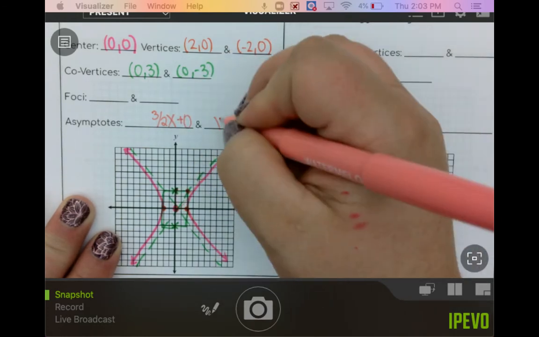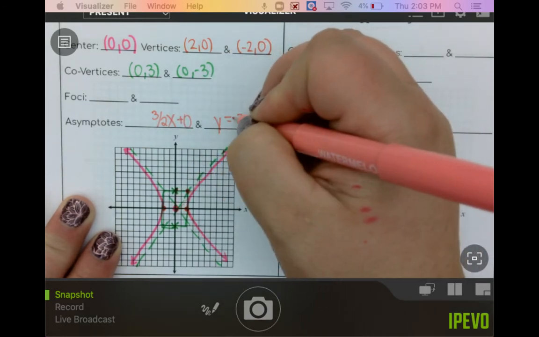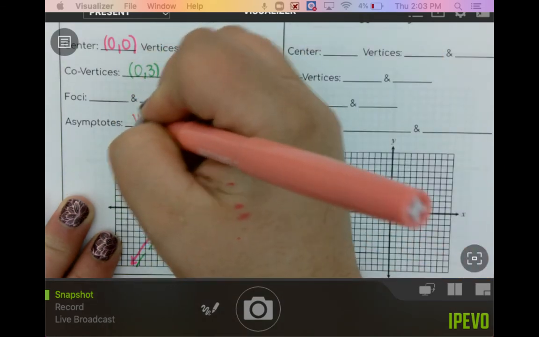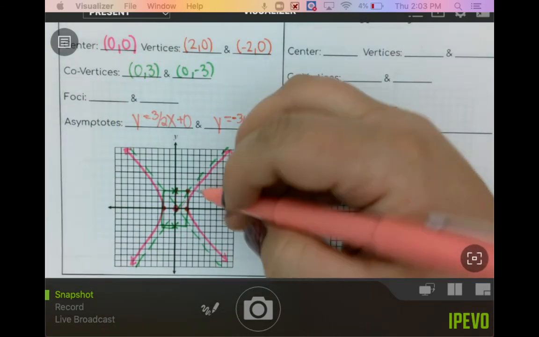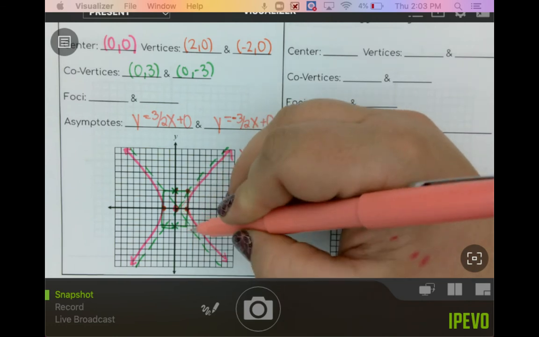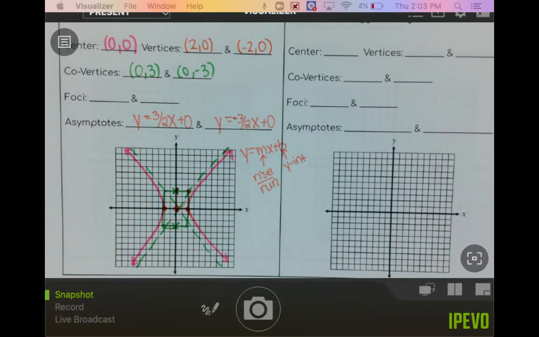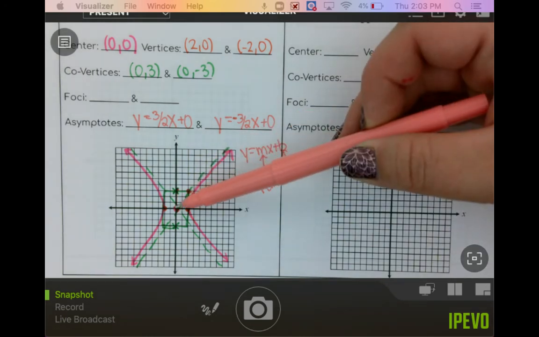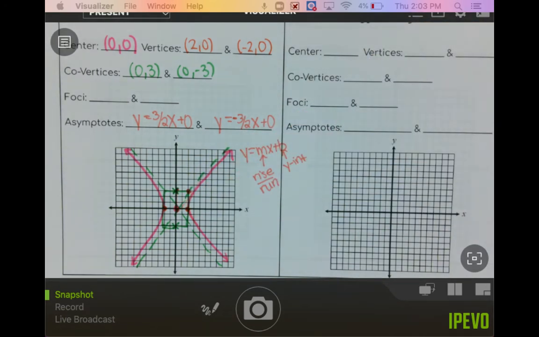And then give one of them a negative because the other one goes down 3 over 2. The plus 0 again, the y-intercept. They both cross the y-axis at 0. Other ones won't. I'll be honest that most people actually prefer it when it's a real number because zeros freak them out. I like 0.